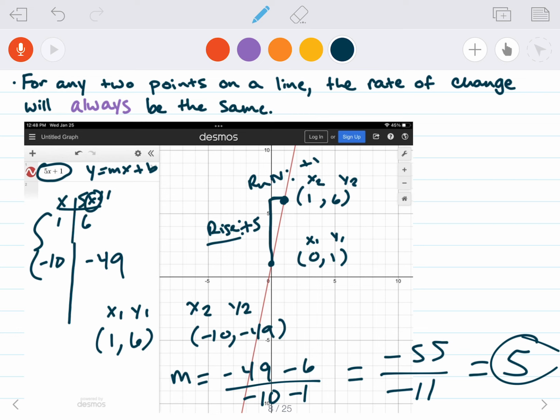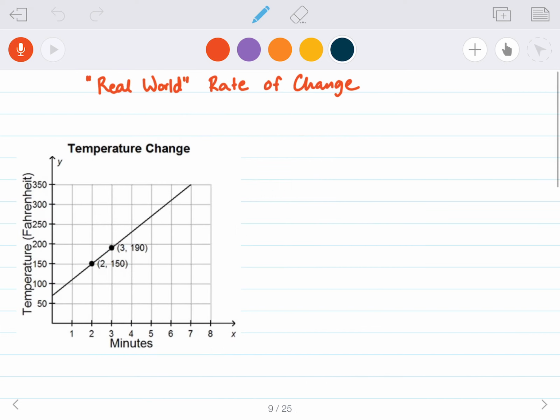It's pretty cool, right? So that's what's super special about linear functions. No matter what 2 points you pick on that line, the rate of change between those points is always going to be the same. So let's talk about what this means in a real world context, because I keep throwing around rate of change and points on a graph.